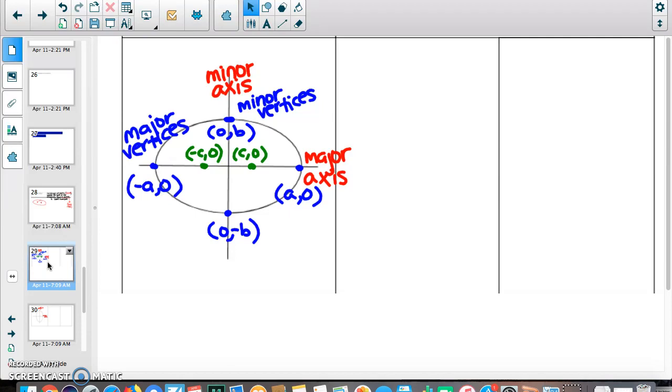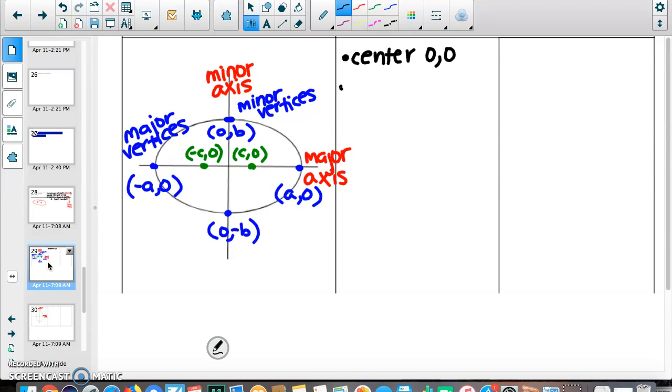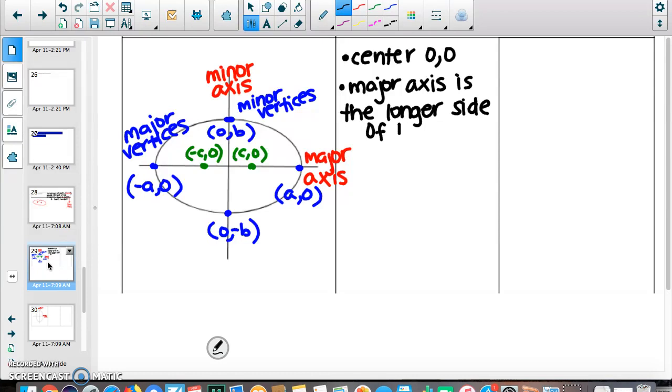So let's do some general notes. The center of my ellipse is 0, 0. The major axis is dependent upon the longer side of the ellipse.